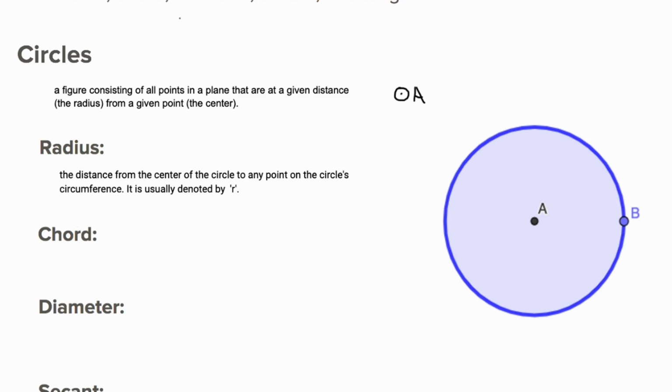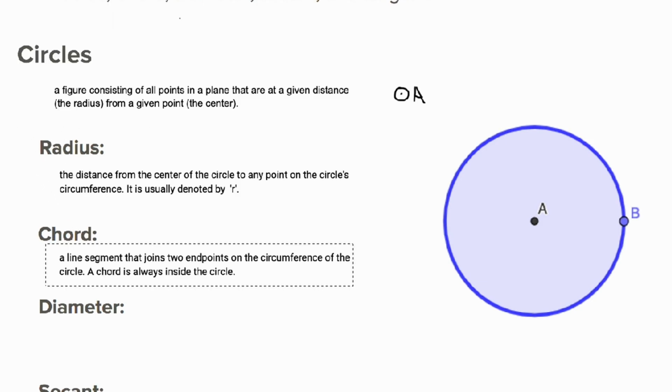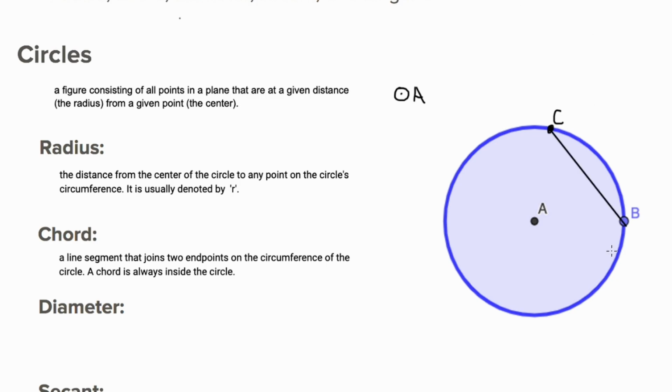You know these first two, but what is a chord? A chord is a segment that joins two endpoints on the circumference of the circle. So let's get another point here. How about if I have point C, and I make segment CB. Segment CB is a chord.